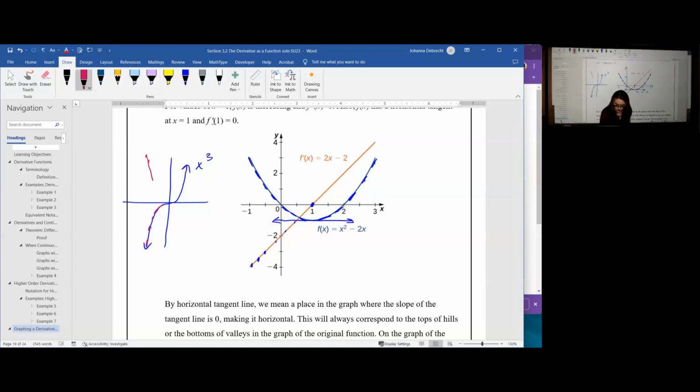So it's got to be coming down like this. At one instant at the origin, the slope of the tangent line actually goes horizontal. However, it's not a minimum like on this graph or a maximum on a downward opening parabola. It is instead what we call a saddle point.